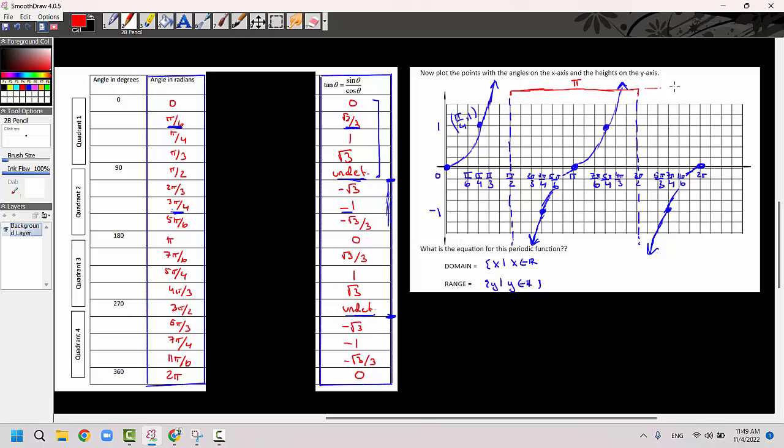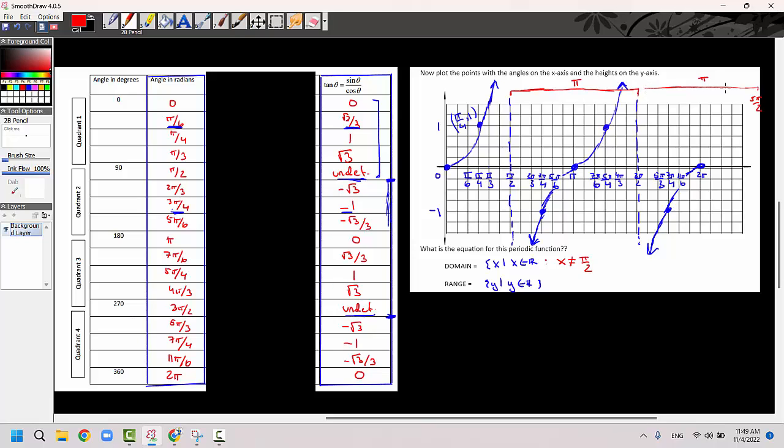And so that means that my next asymptote would be pi away also over at 5 pi over 2, and then 7 pi over 2, and then 9 pi over 2, and so on and so forth. So it seems like x cannot be pi over 2.